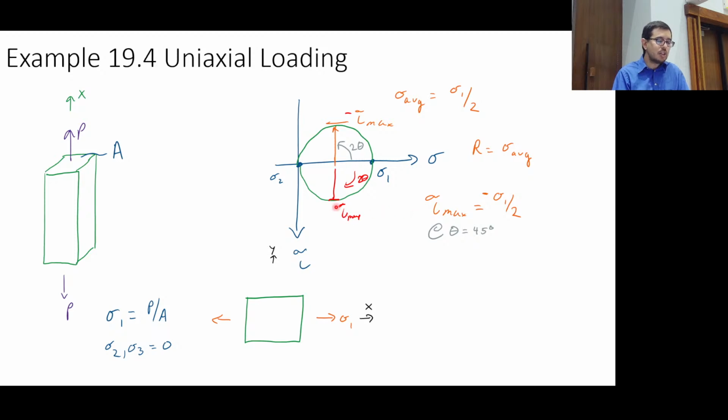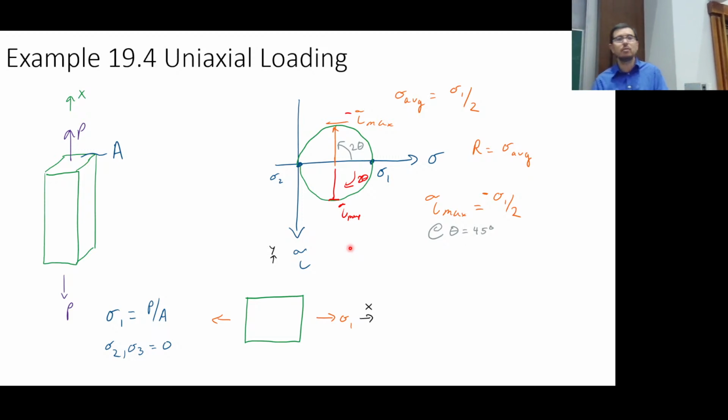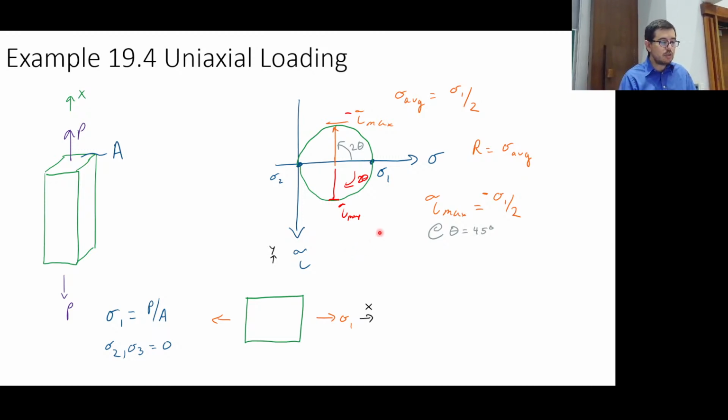Tau max is just going to be, well, it could be either minus sigma 1 over 2 if it's up here, or it could be tau max is equal to sigma 1 over 2, right? And this is where I'm not always the best at keeping track, because in DMC world, we just want to know the magnitude. But the maximum in-plane shear stress, yes, is going to be sigma 1 over 2 as well.